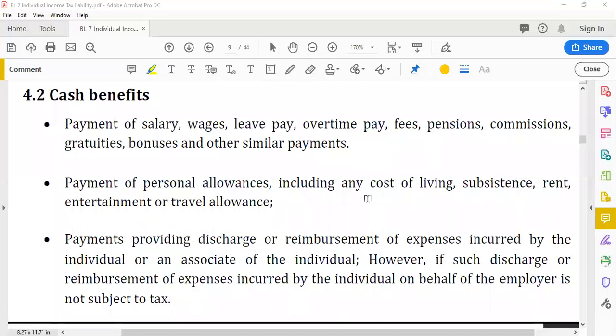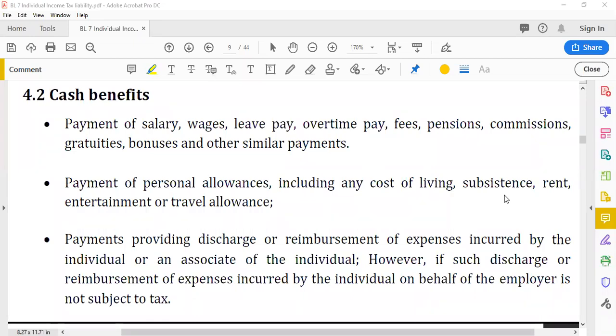Bonus: you work hard for the betterment of the company. Due to that, the company earns a big profit. Because of your hard work they have realized a big profit, so the government happily gives a portion of the profit to employees. That comes under the bonus.